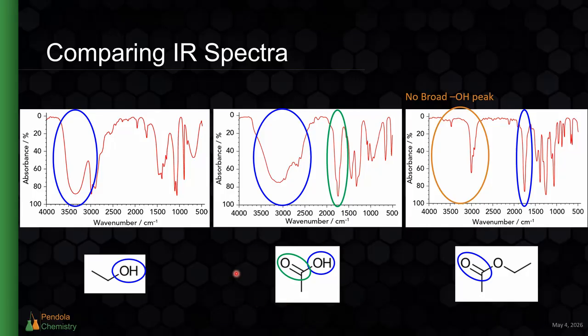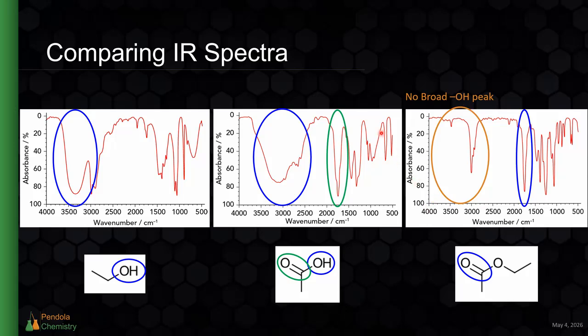If I were to ask you to choose one of these three for a carboxylic acid, you would choose the one that has both the broad OH peak and the very deep carbon double oxygen group. But if I asked you to choose one for the ester, then you would just look for one that has the carbonyl peak at 1700, that's very narrow and deep, but no broad peak at 3000 for the OHs.